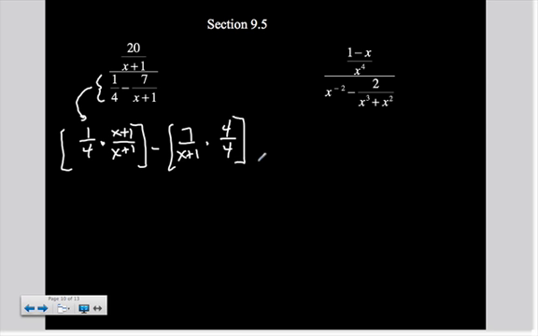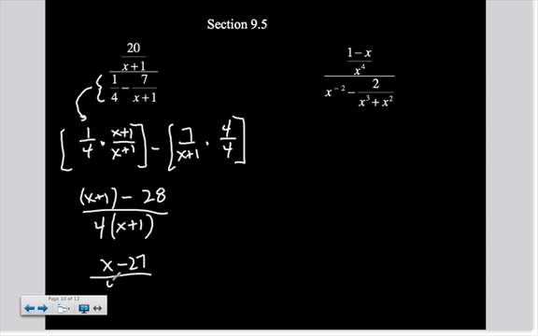This will create my common denominators. My denominator is going to be 4 times x plus 1. And here I'm going to get x plus 1 minus 28. And this simplifies to be x minus 27 over 4 times x plus 1.